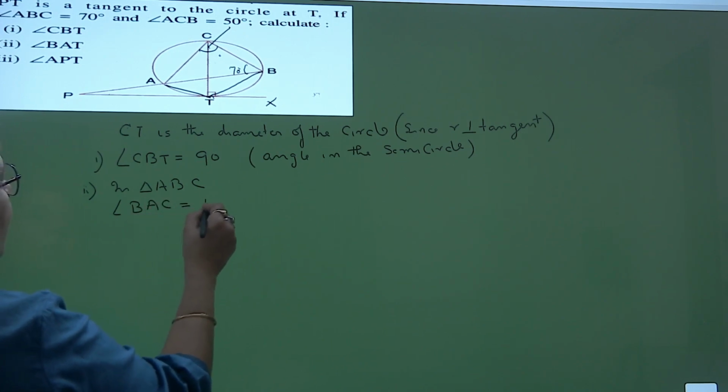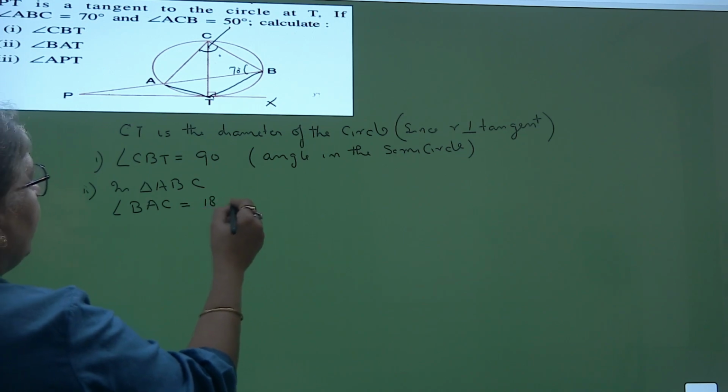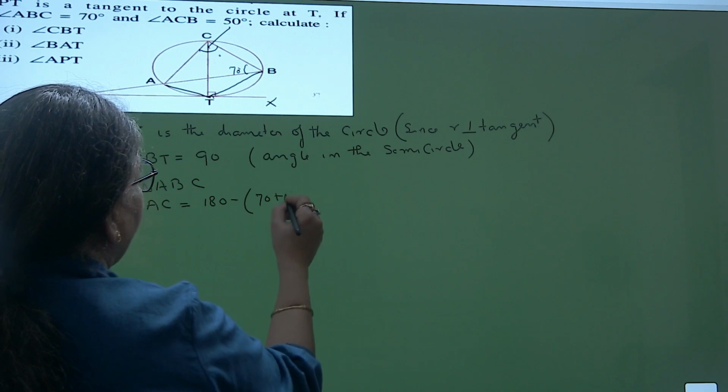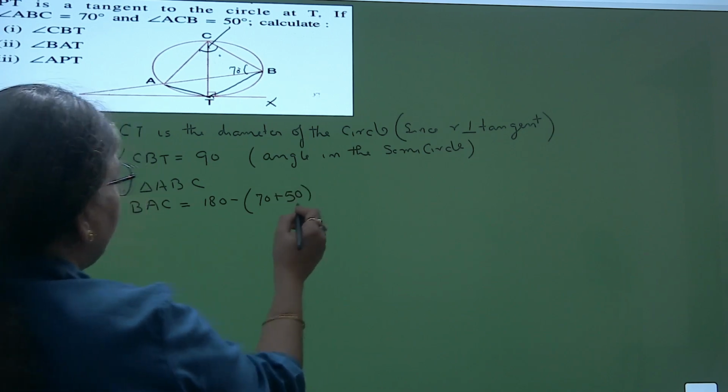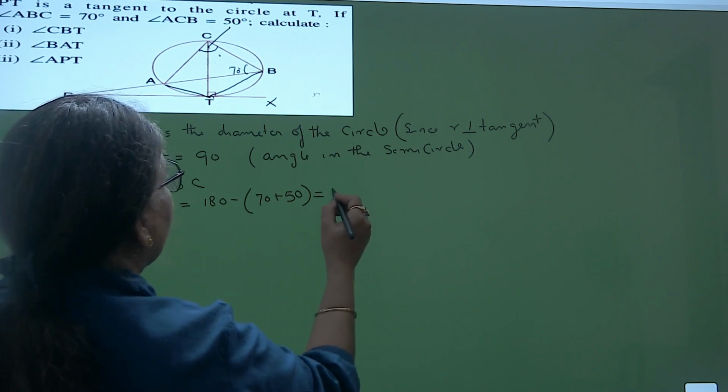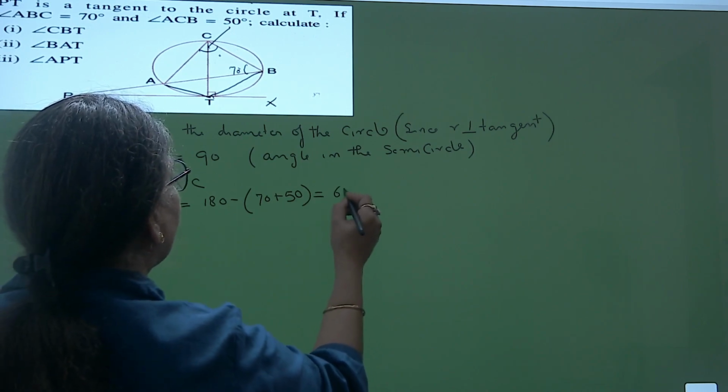This will be equal to 180 minus (70 plus 50). So this will come out to be 60 degrees.